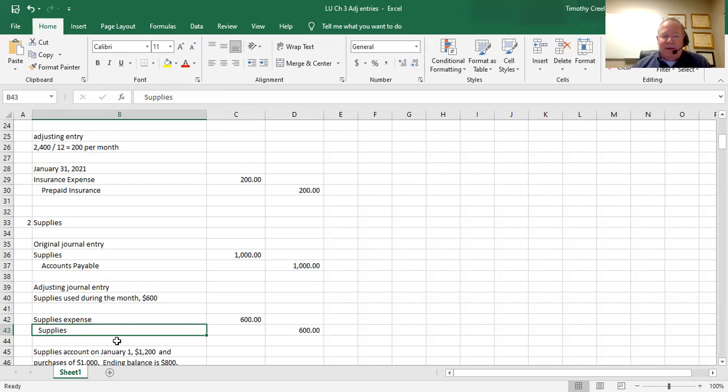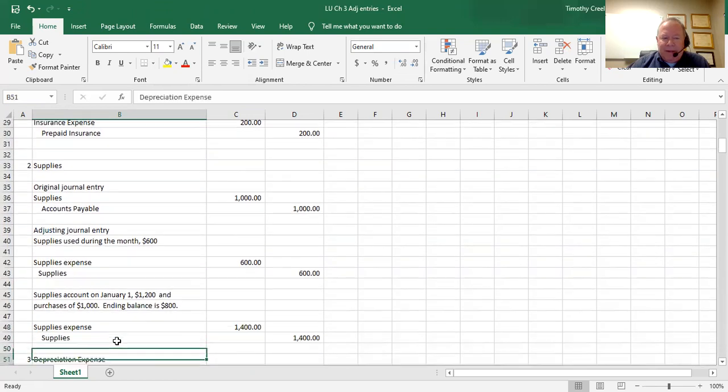It recognizes the expense for what we've used, and it recognizes a reduction to the balance in the asset supplies. So we're recognizing the expense for what we use, and we're reducing the amount of assets we have on hand because we've used supplies and we now have less supplies on hand.